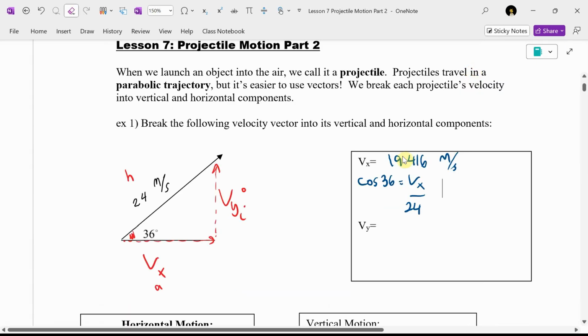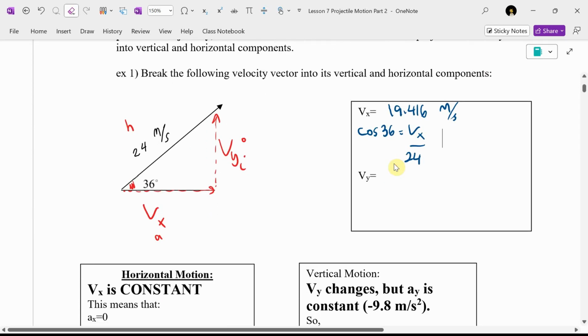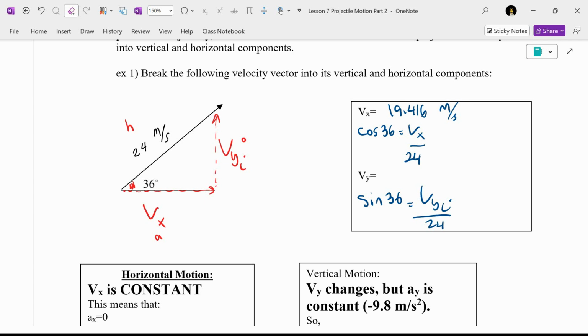If you're looking for a cheap hack for memorization to save yourself some time out of laziness, I'm still going to write sine 36 equals Vy over 24. But as I get good at this, Liam, I'm going to start to say, you know what? If you're giving me the side view of a velocity measured from the horizontal, Vy is going to be sine and Vx is going to be cos.